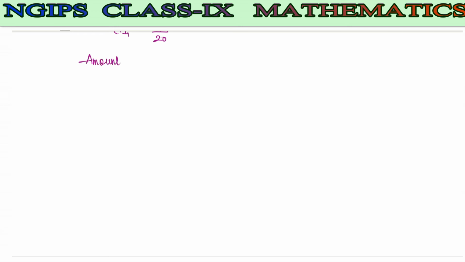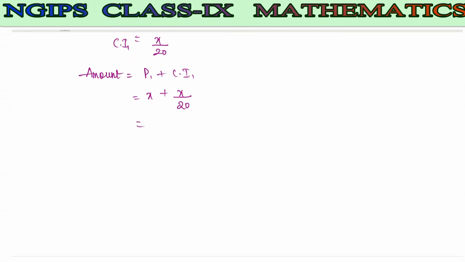Amount is equal to first year principal plus first year compound interest. So first year principal I have taken as x, and compound interest we just found is x divided by 20. So if you simplify, 20 into x is 20x plus x divided by 20. So it is nothing but 21x divided by 20. So this is the amount of the first year.